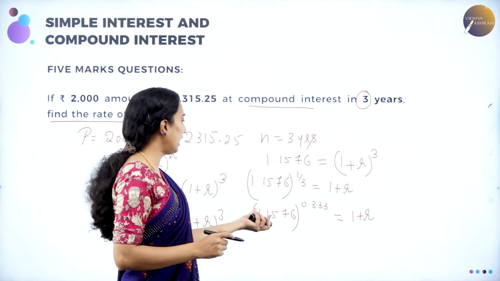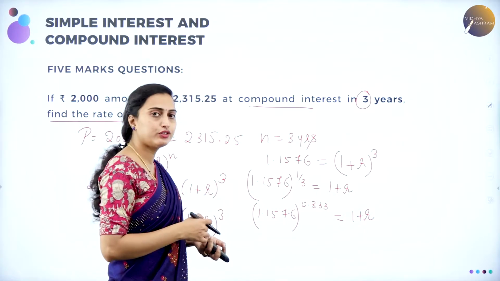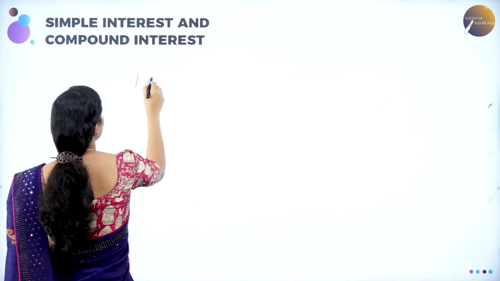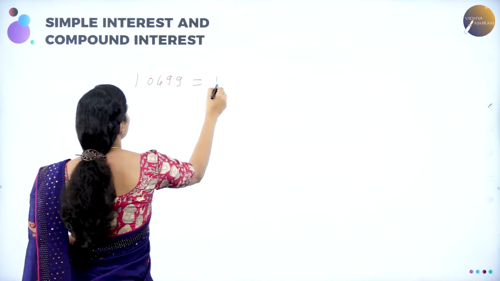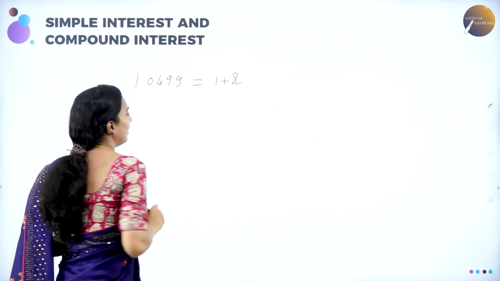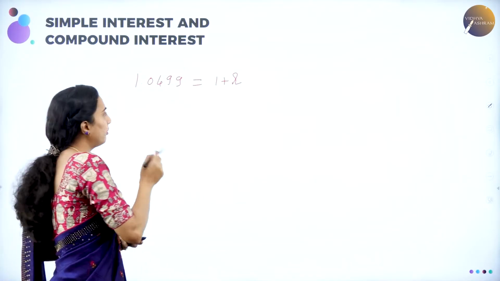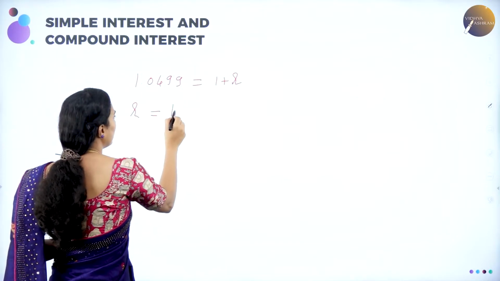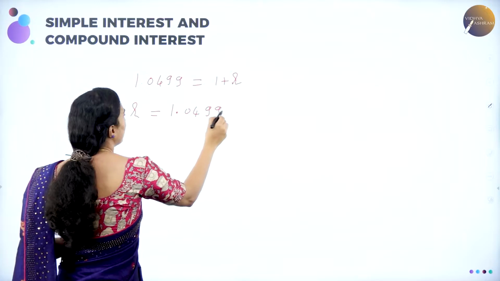Now, let me calculate this again in a calculator. You are going to get the answer for this one, 1.0499, which will be equal to 1 plus r. Now, I want r, means I have to take this 1 to this side. It will become minus 1. So, I am writing like this: r will be equal to 1.0499 minus 1.